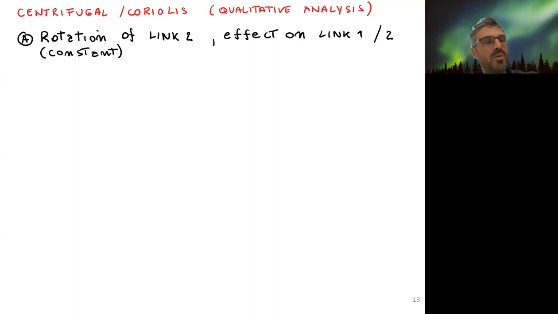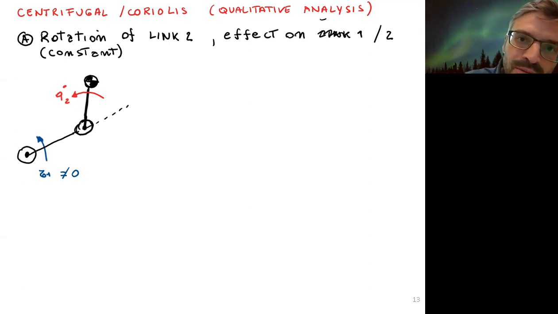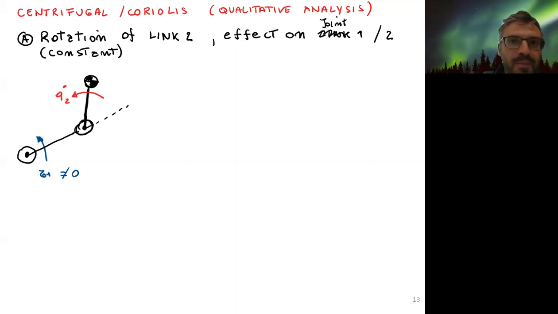They only exist whenever we have rotational joints. Think about rotating joint 2. You will move link 2, and we check the effect on joints 1 and 2.